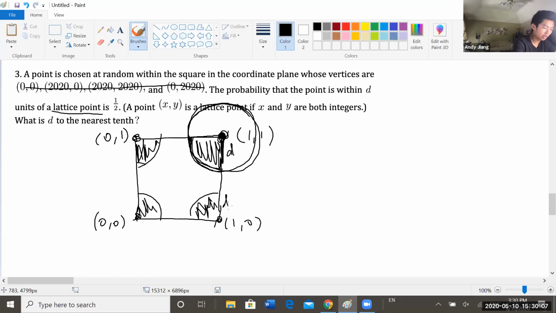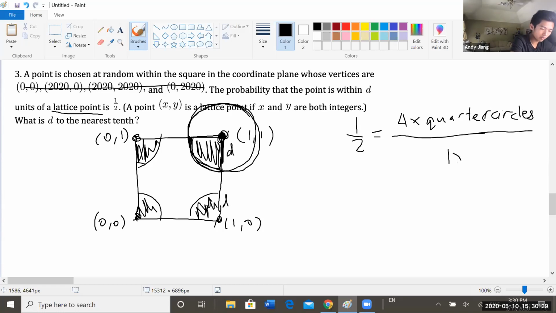The probability is 1/2, and I find the probability by doing the area that I'm looking for. So the total area of the quarter circles, which is 4 times quarter circles, and then divided by the unit square, which has area 1.